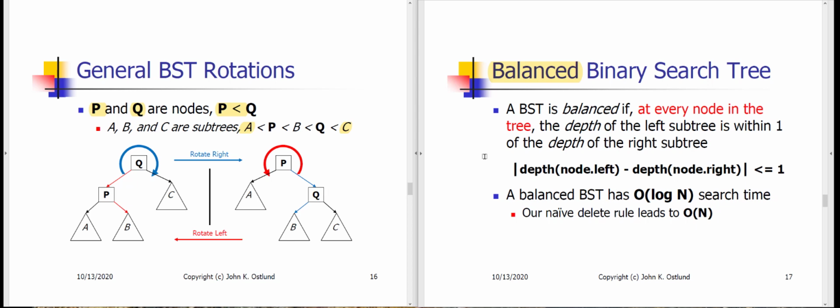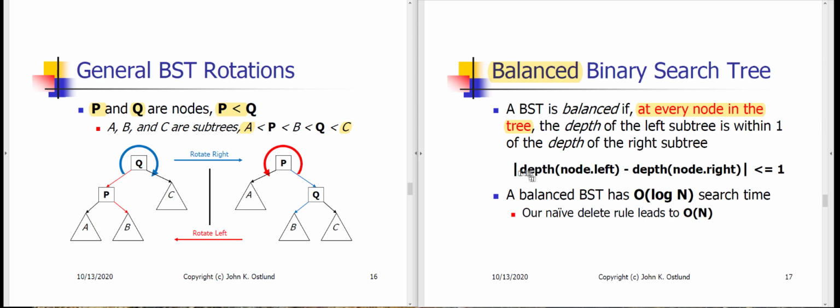We say that a binary search tree is balanced if, and this has to be true at every single node in the tree, not just at the top, the depth of the left-hand subtree is only 1 different at most from the depth of the right-hand subtree.